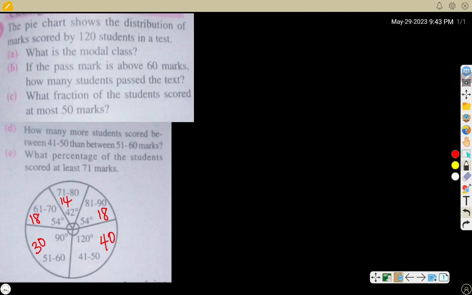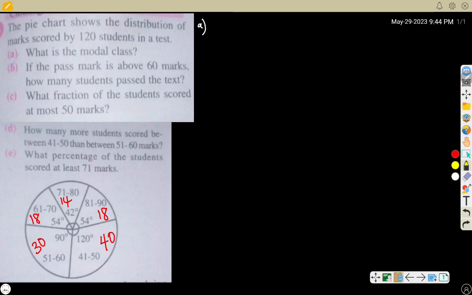So now let's solve. The pie chart shows the distribution of marks scored by 120 students in a test. What is the modal class? So A. Now what is mode? Mode is the most occurring frequency. So look at all the number of students here.